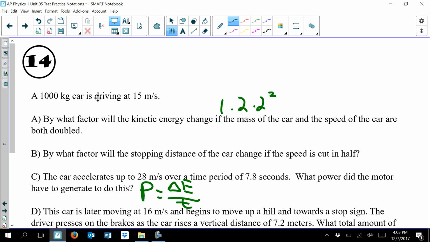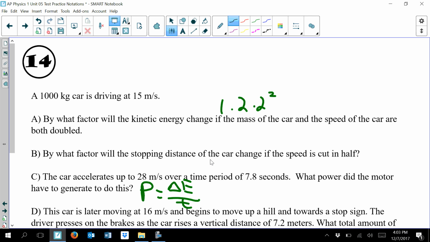Now, because I gave you actual values, you could go through and do all of the calculations. You could say that the speed is now 15 and the mass is now 2,000 and actually get those two numbers and compare them, but this is a little bit easier. By what factor will the stopping distance of the car change if the speed is cut in half?